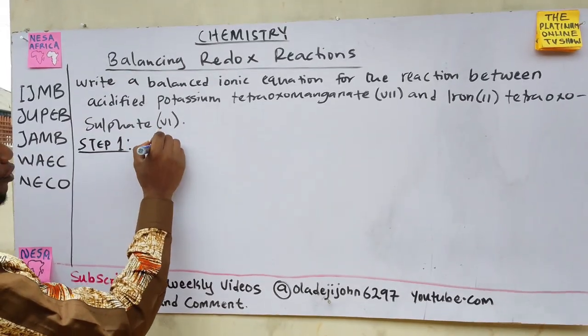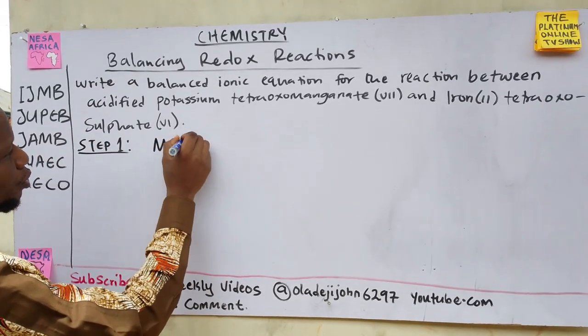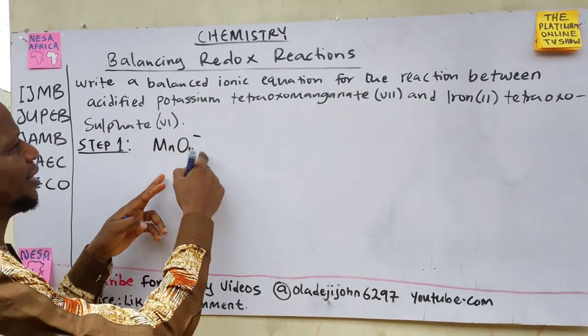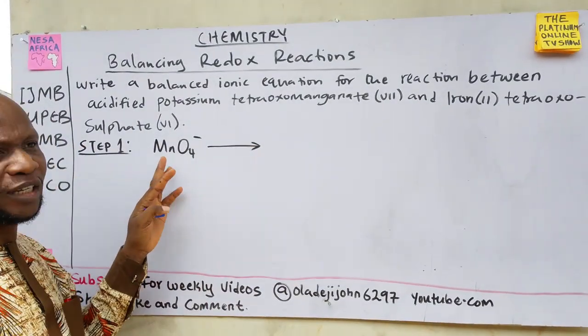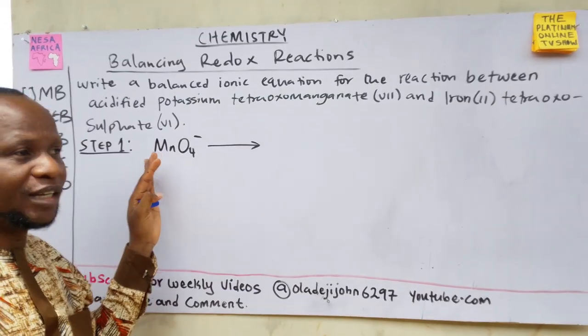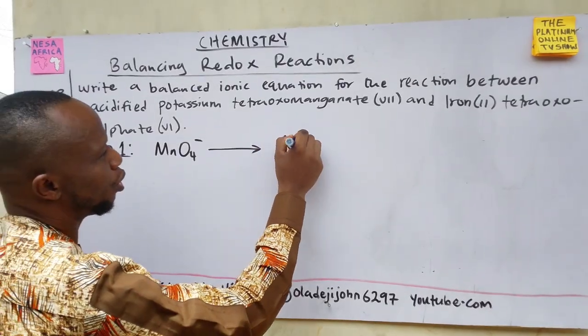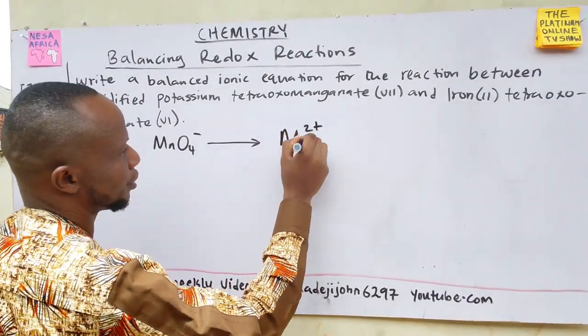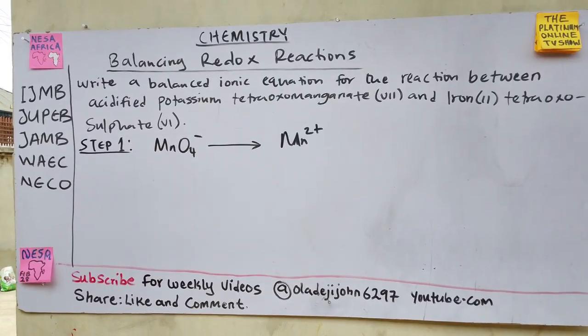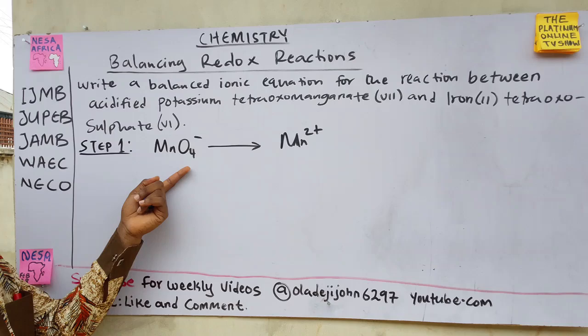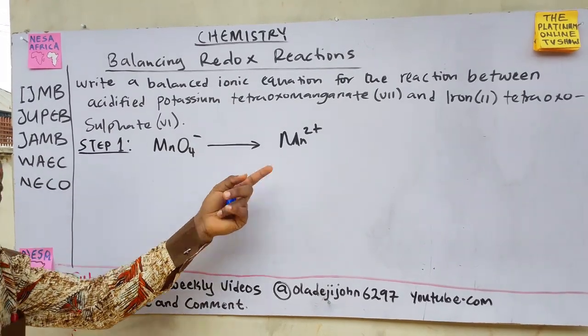The first one will be MnO4⁻, the permanganate ion, which is the oxidizing agent. When it undergoes reduction, it is reduced to Mn²⁺. That is the first thing you need to know, on the part of the acidified permanganate.